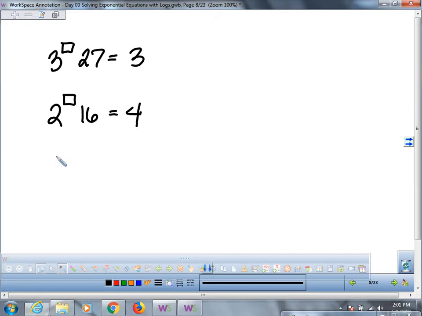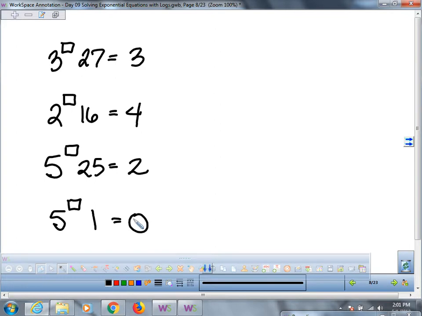What does this equal? What does this equal? Zero. Okay?